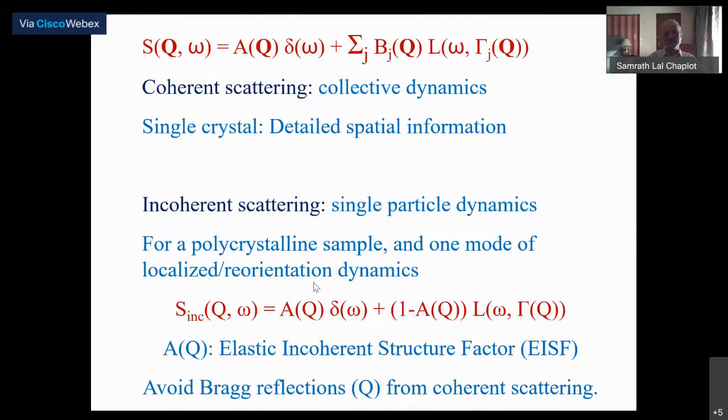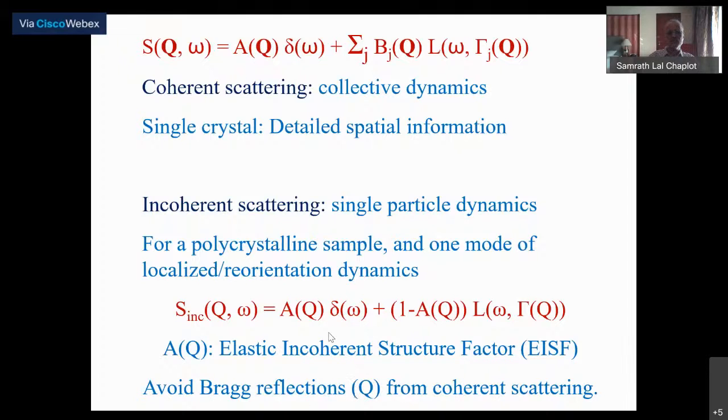However, when we look at incoherent scattering in the presence of other atoms which are coherent scatterers, there would be Bragg reflections. Bragg reflections are very strong, very intense, and in their presence it will be difficult to see this signal, which is usually weaker.